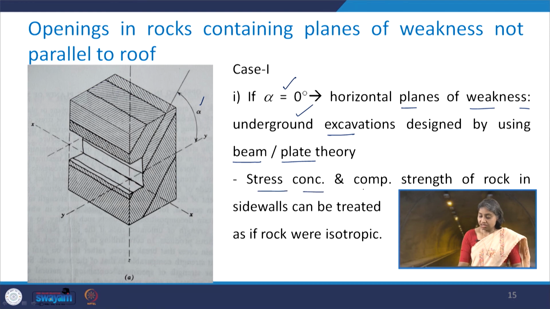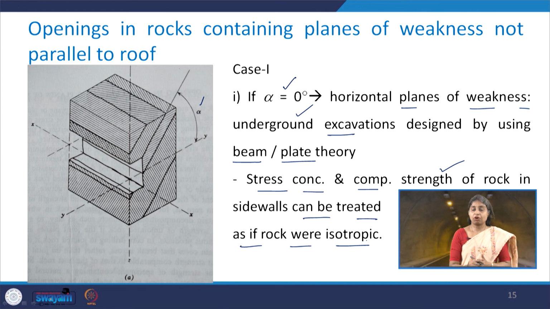Stress concentration and compressive strength of the rock in the side walls can be treated as if the rock were isotropic, when alpha is equal to 0 degree.